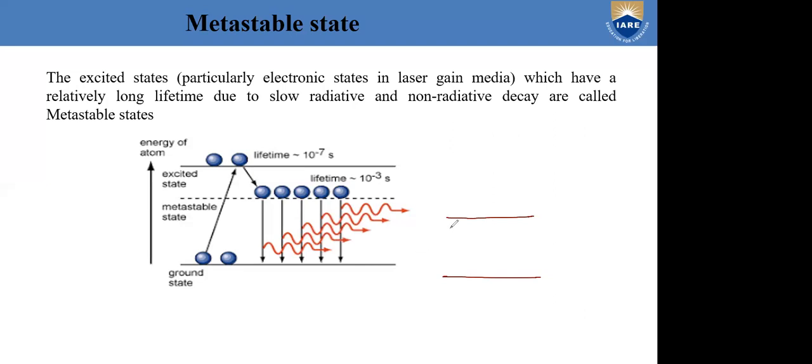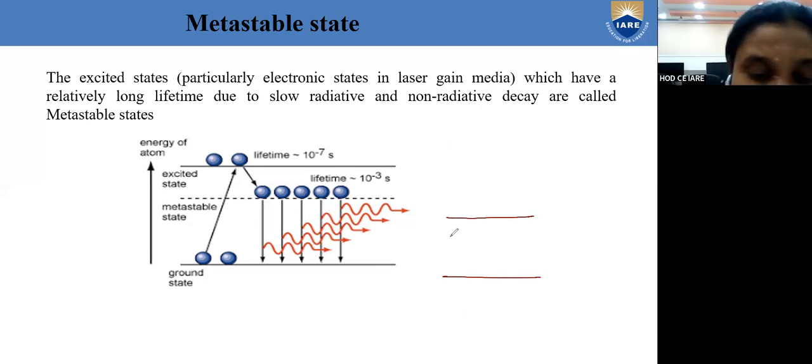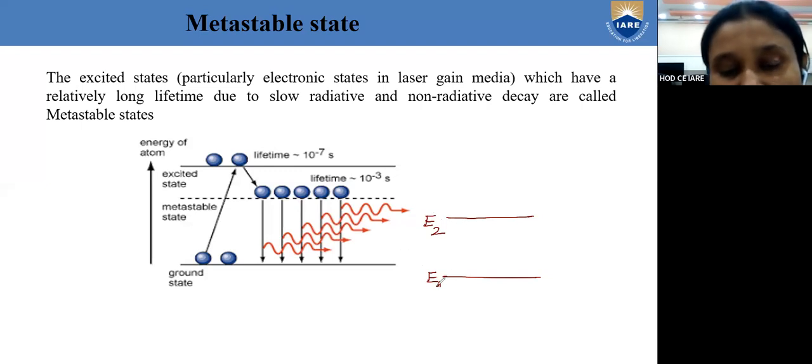Stimulated. Okay, good. Now see here, in general, whether it is absorption, spontaneous or stimulated emission, just to understand it we have taken 2 simple energy states. In that we said E1 is the ground state and E2 is the excited state. But will we have only one excited state?